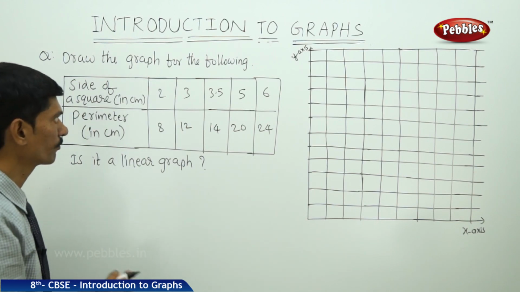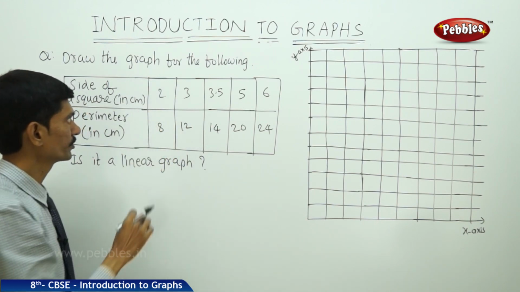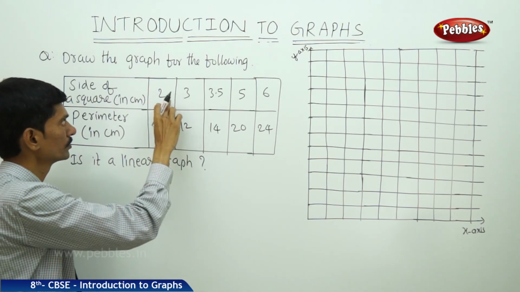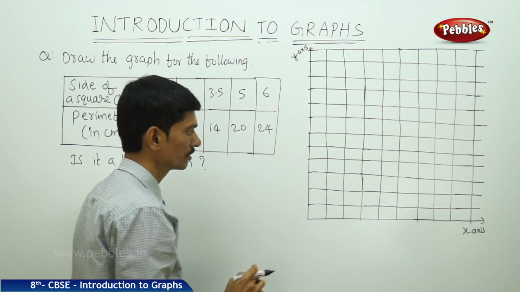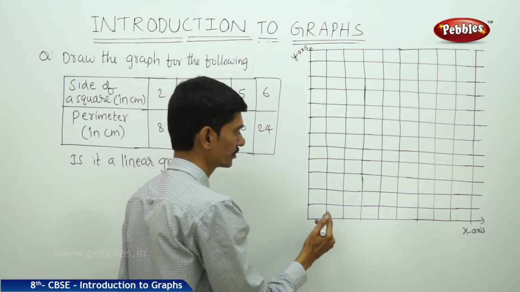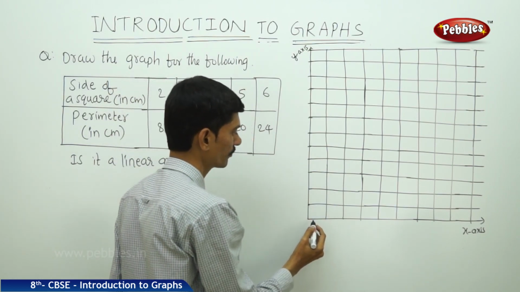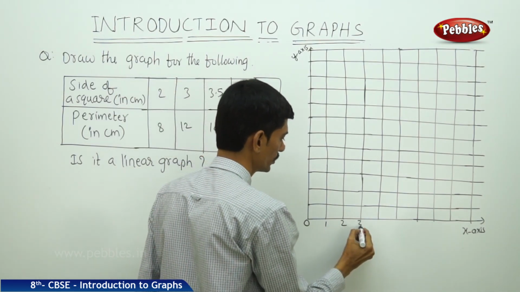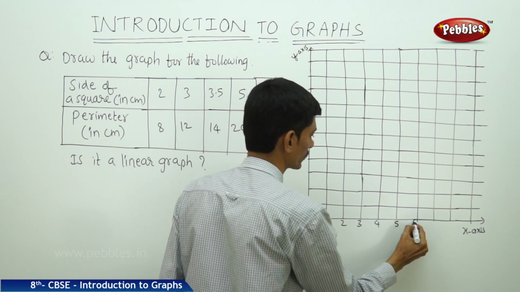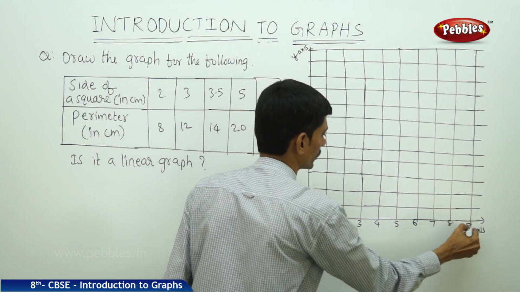First we will locate the points. For that, take the values in the first row: 2, 3, 3.5, 5 and 6. We can take the scale on the x-axis as 1 unit equals 1 centimeter, so we can take 1, 2, 3, 4, 5, 6, 7, 8, 9.